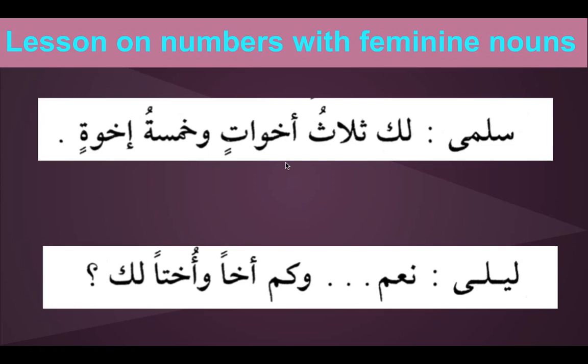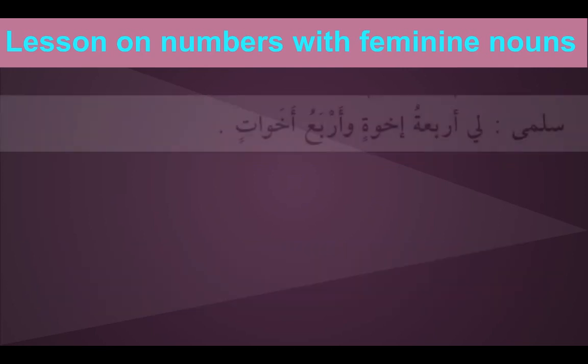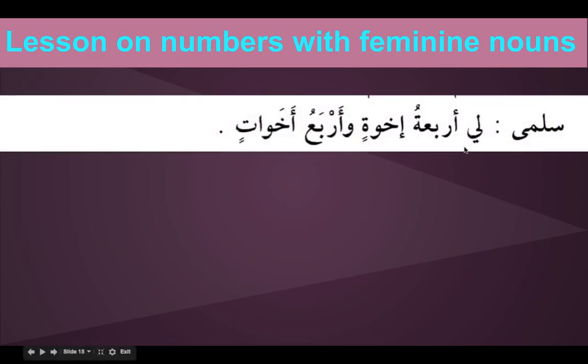So Laila asks Salma, wa kam akhan wa ukhtan laki. So how many brothers and sisters do you have? Salma says, I have li. So it's jar majroor, shibu jumla khabar muqaddam, arba'atu ikhwatin, 4 brothers, wa arba'u akhawatin, so 4 sisters.